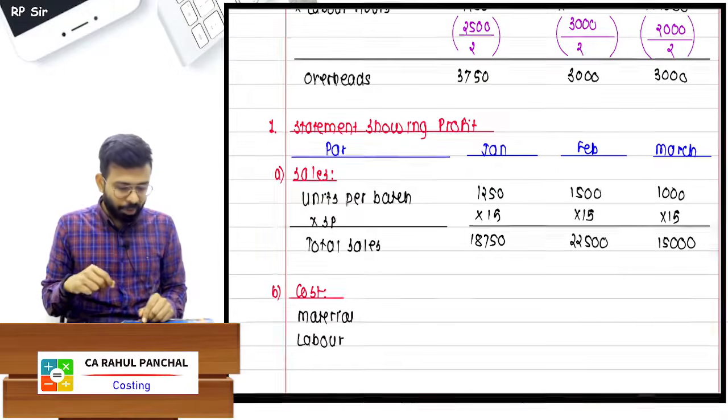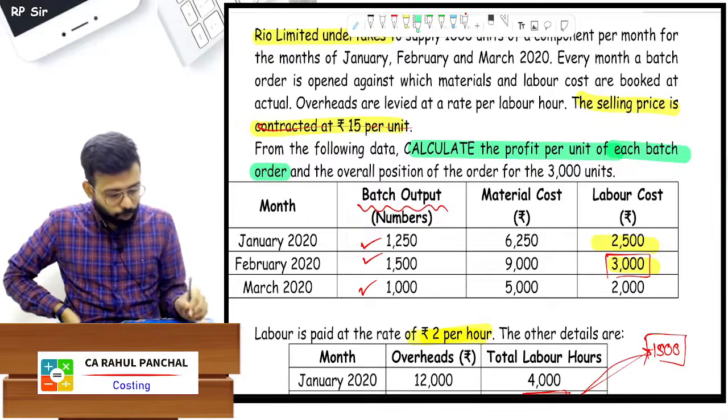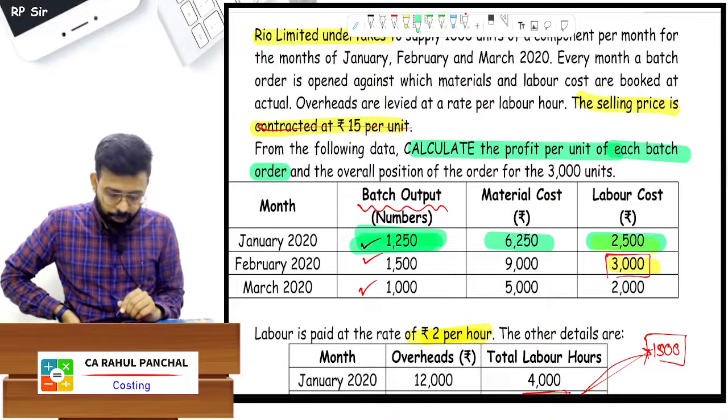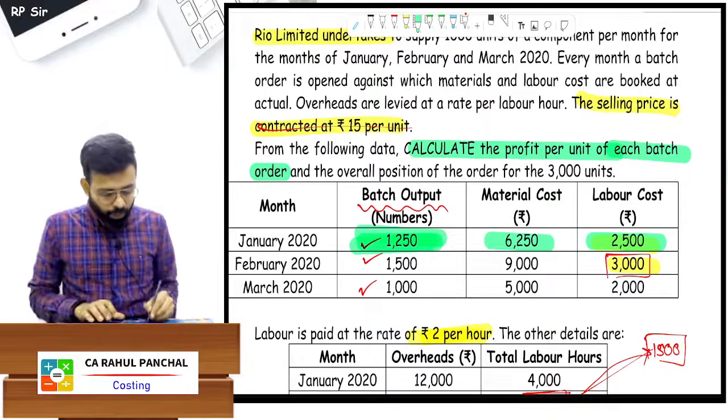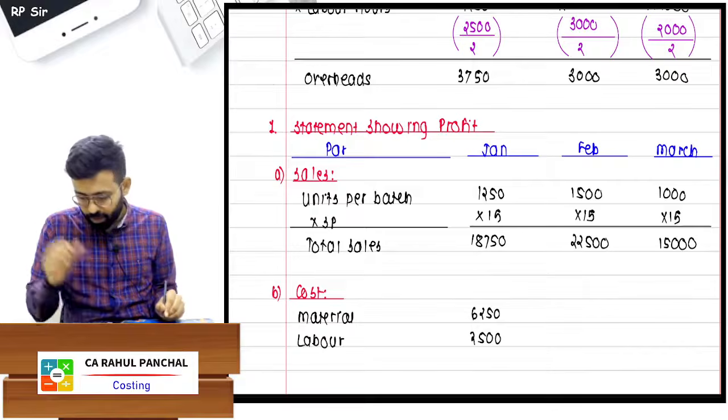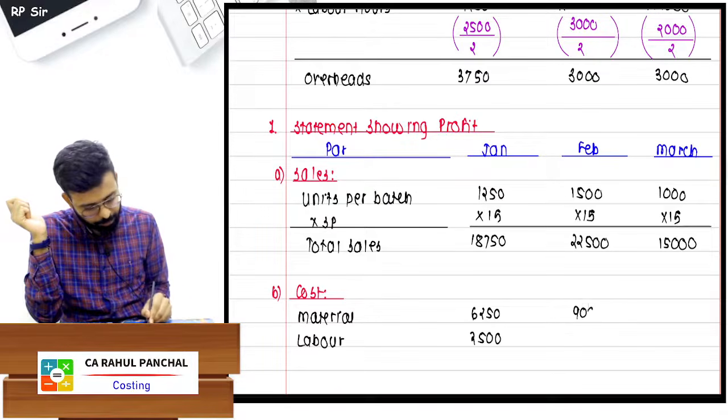You can see that to produce these units in one batch, we have paid this much material and this much labor, which is 6250 and 2500. Then we can say 9,000, 3,000.